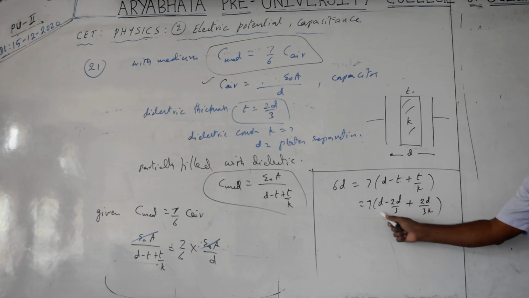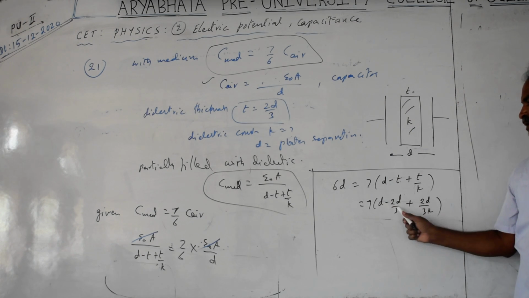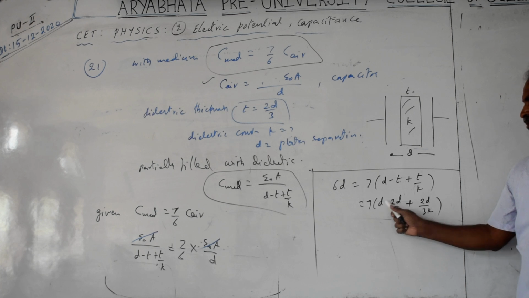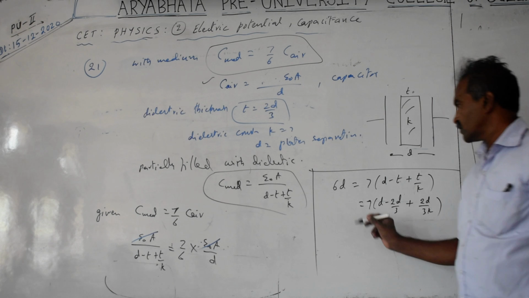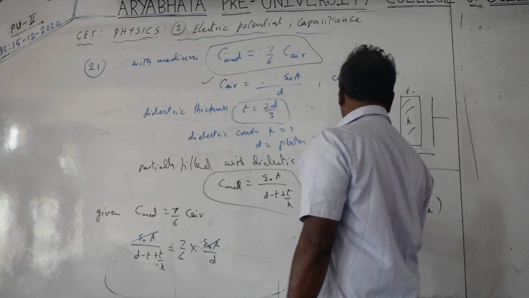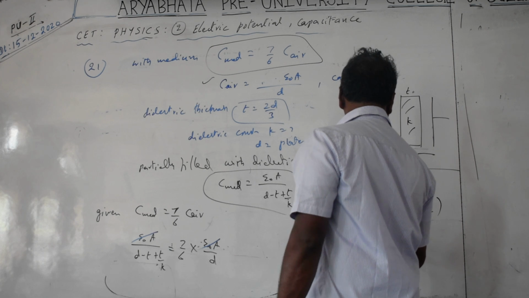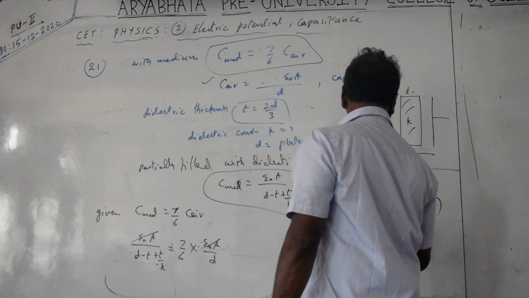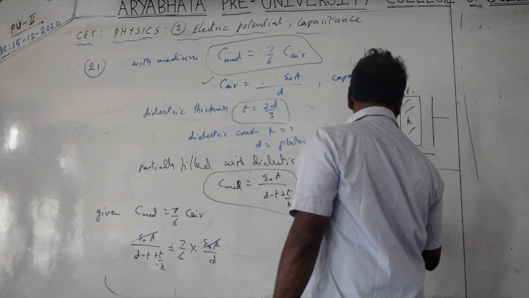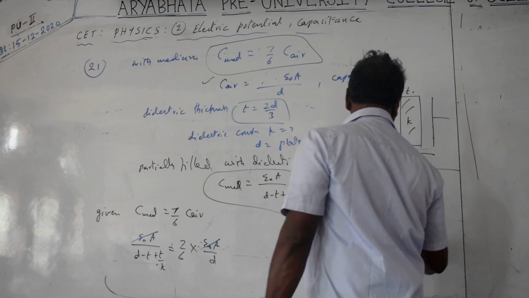So 6D is equal to 7 into D by 3 plus 2D by 3K.